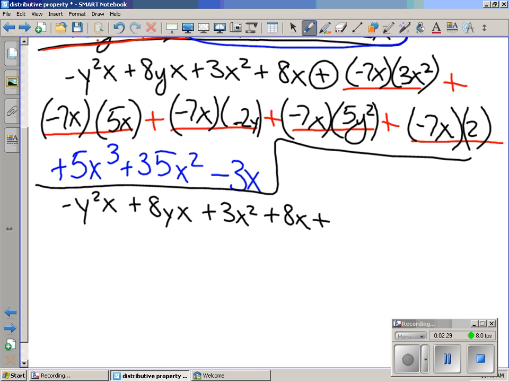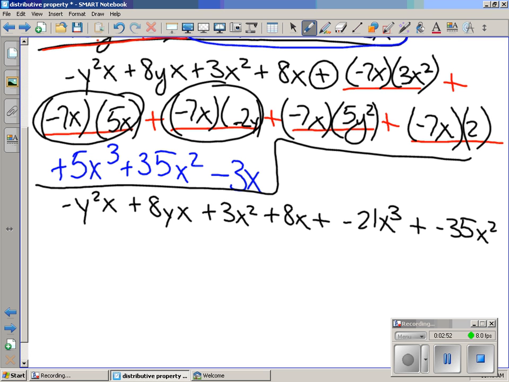So negative 7 times 3 is negative 21, and then x times x squared is x to the third. Then we multiply the negative 7 times the 5. We get negative 35. x times x is x squared. Then I multiply negative 7 times a negative 2, and I get positive 14.